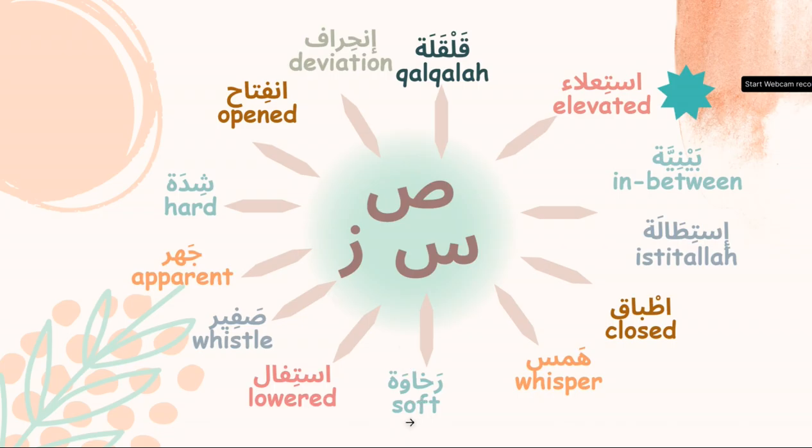They are soft because the sound runs. Is any of them an in-between letter? No. We know that the in-between letters are lin, umar, and none of these are included. What else? Infitah.